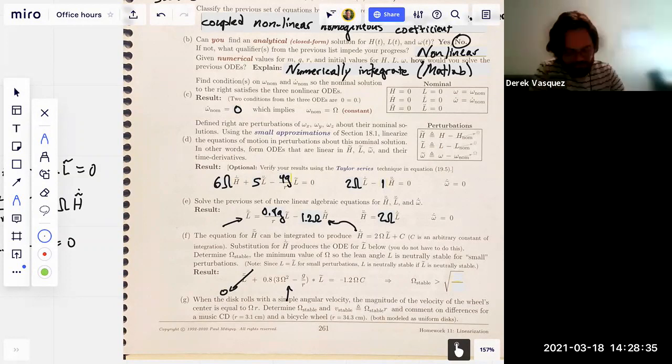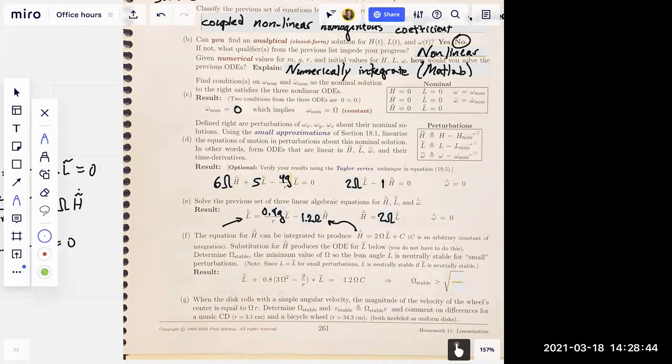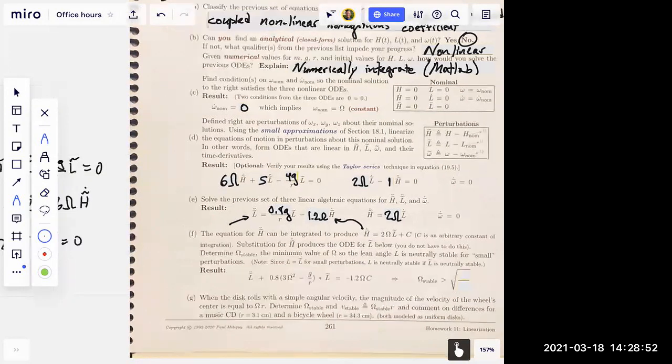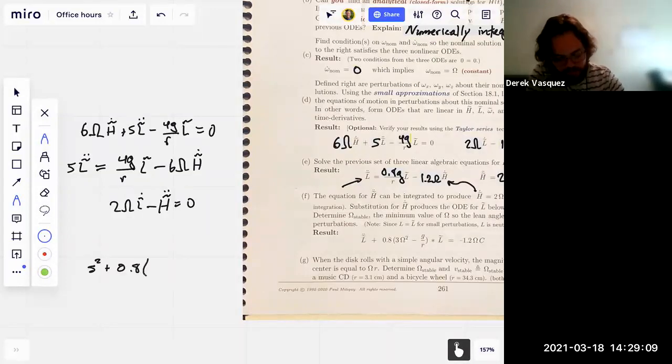Think with me here. So, if something is stable, what does that mean about the poles of the system? They're on the real imaginary axis, they're on the left side. That's right. So, in this case, our poles are going to be, so our characteristic equation is we're going to have s squared plus 0.8 times 3 omega squared minus g over r.